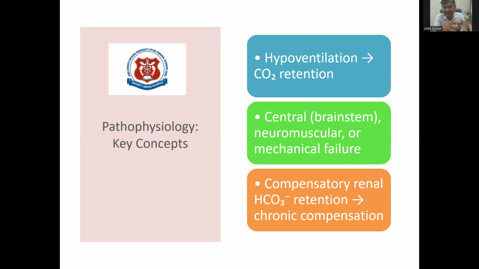Alveolar hypoventilation leads to retention of carbon dioxide. Sometimes a central issue which involves the brain stem can also cause retention of CO2 because of central respiratory depression, and sometimes neuromuscular disease or weakness of the muscles, diaphragm also lead to the development of type 2 respiratory failure.